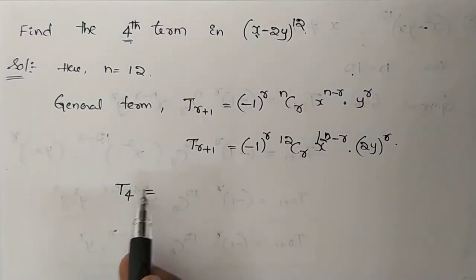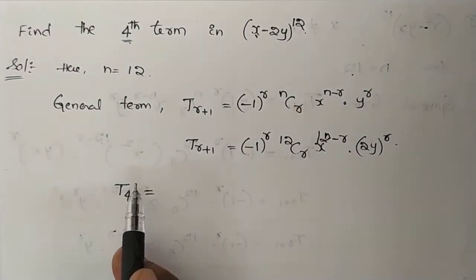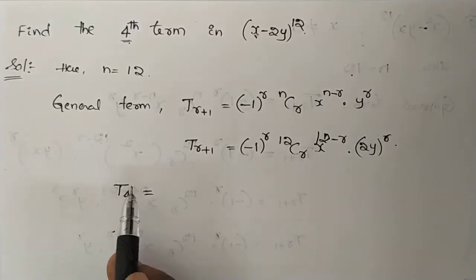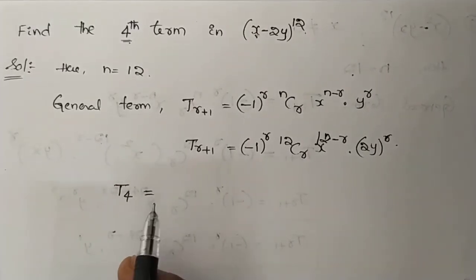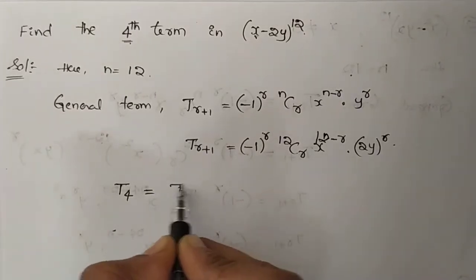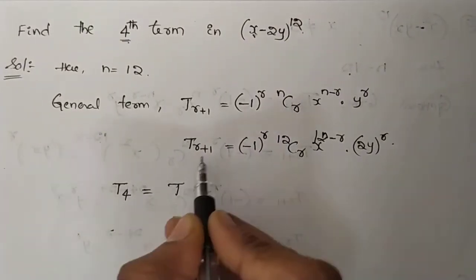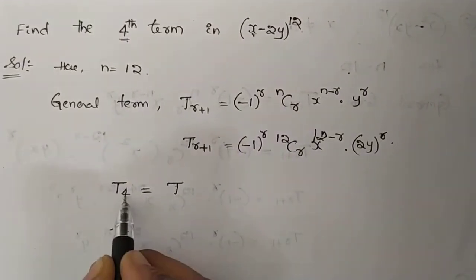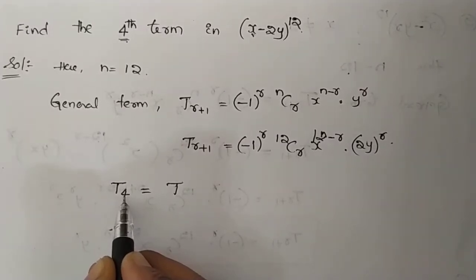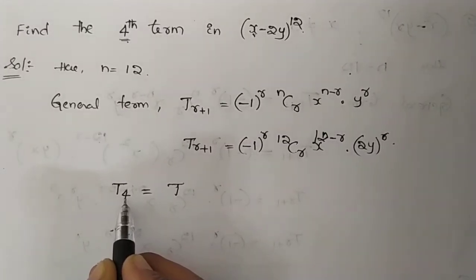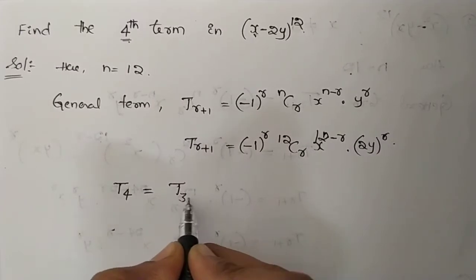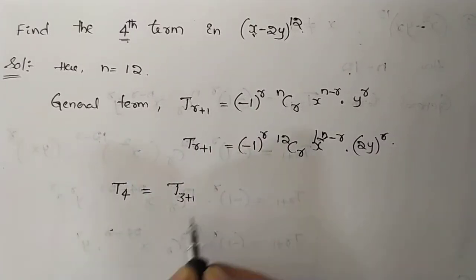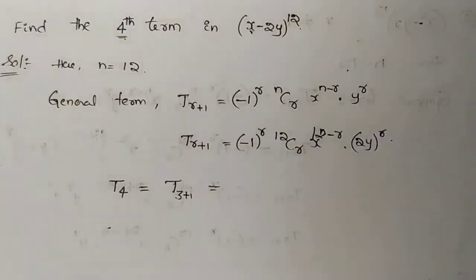Fifth term T5, sixth term T6, 11th term T11, 20th term T20. Let us split this 4 in the form of r plus 1: 3 plus 1.